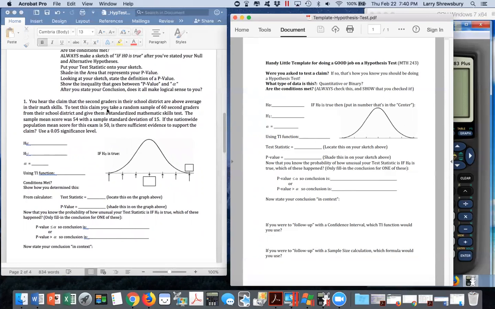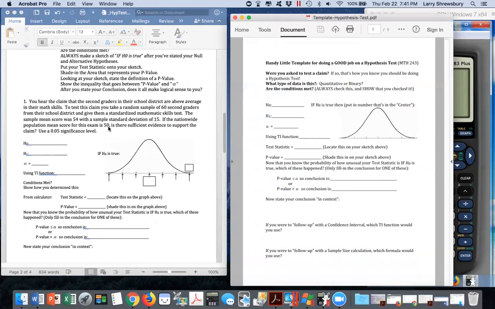Now, if the nationwide population mean score for this exam that you gave them is 50, is there sufficient evidence to support the claim that was made? Is this sample mean of 54 significantly higher than 50? Or is that just due to sampling error, random chance?